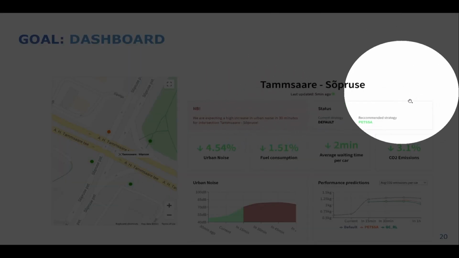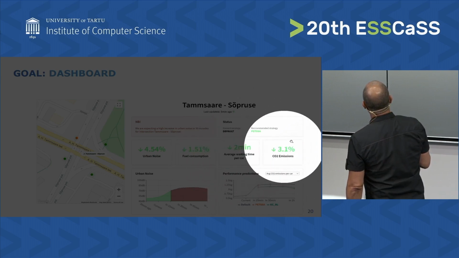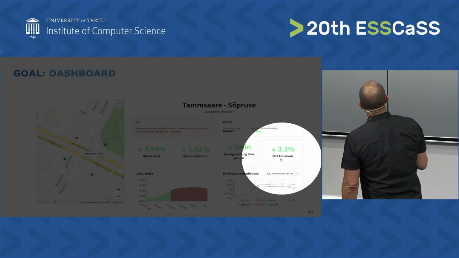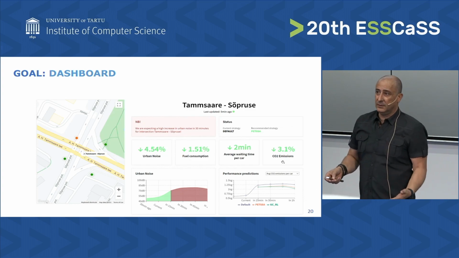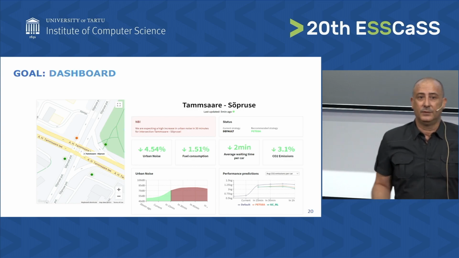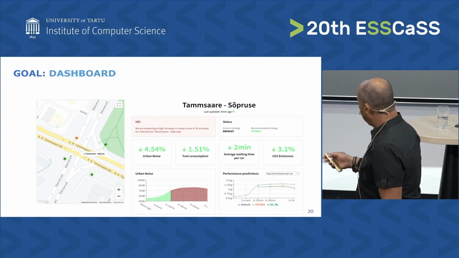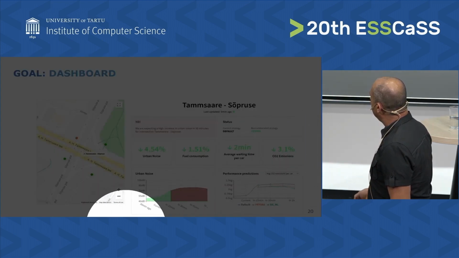And then we are also decreasing the average waiting time per car by 2 minutes, and 3.1 CO2 emission. This is what we would like to provide to the Department of Transport, who is managing, that this is what we call this prediction.